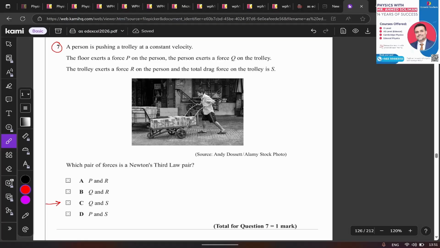I think it's B. Now he said Newton's third law. Which pair of forces obeys Newton's third law? So now we have the floor exerts a force on the person, floor to person. The person exerts force on the trolley, person to trolley. The trolley exerts force on the person, trolley to person.